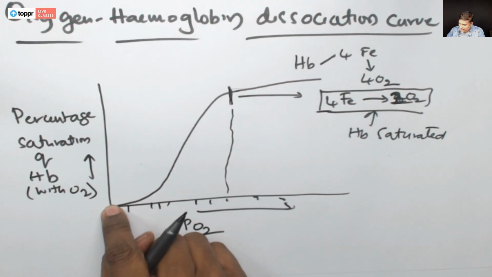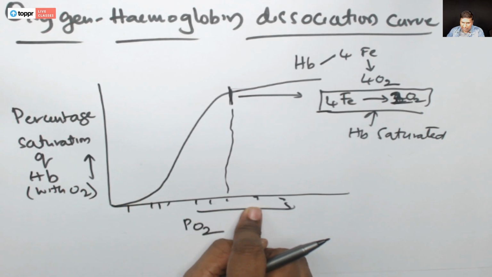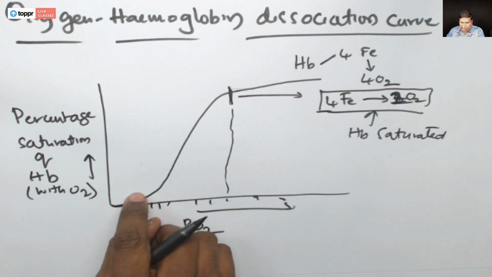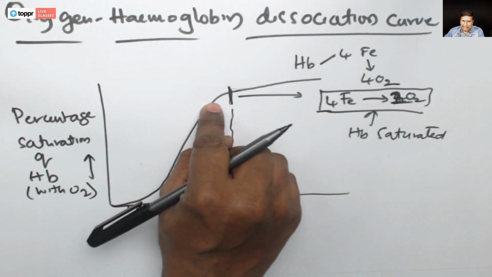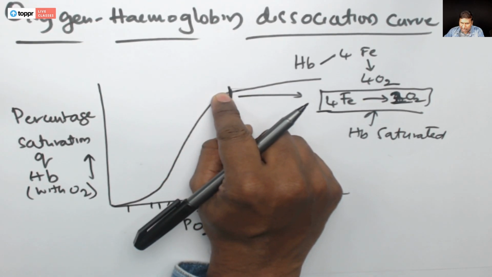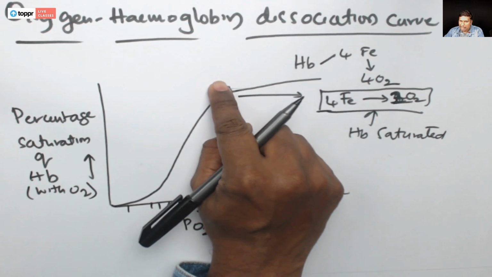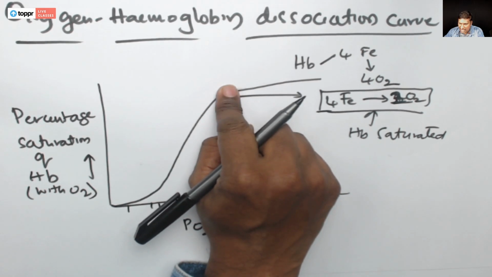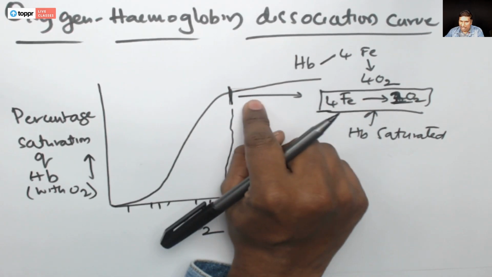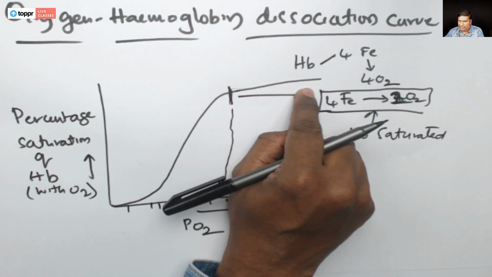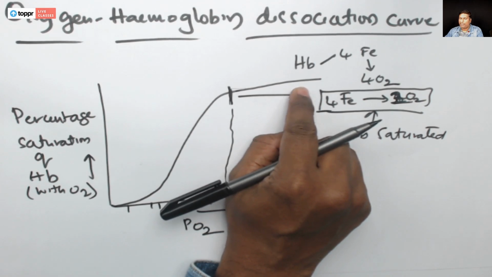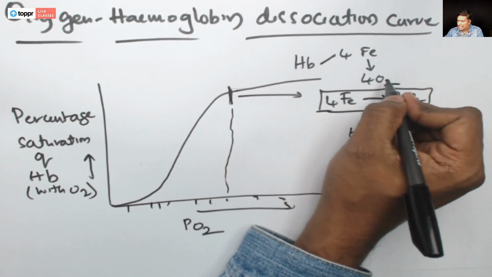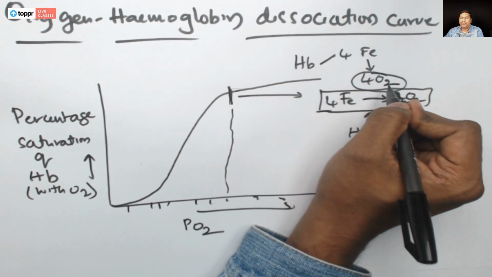In the initial stages, when you increase the partial pressure of oxygen, the amount of oxygen bound to the hemoglobin will also increase. After a certain point, when all the hemoglobin molecules inside the RBC are completely saturated, that is completely bound with oxygen molecules, increasing the partial pressure of oxygen will not make the hemoglobin molecules bind more oxygen. The maximum that they can carry is 4 oxygen molecules.